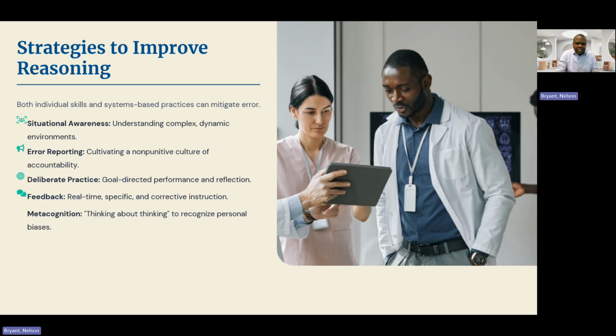So, how do we actively reduce these biases? It's all about situational awareness, understanding the dynamic environment around us, reporting errors, and not punishing those around us who make mistakes, but giving them some advice.